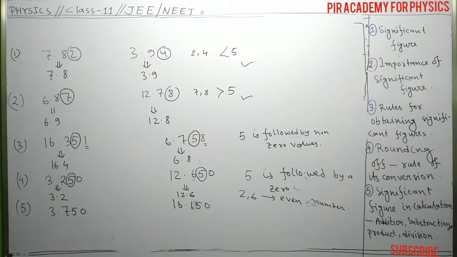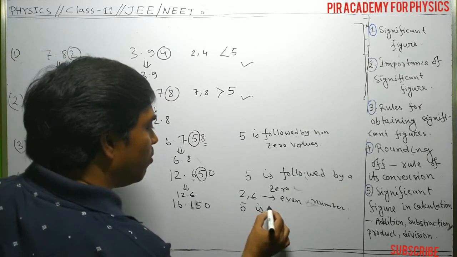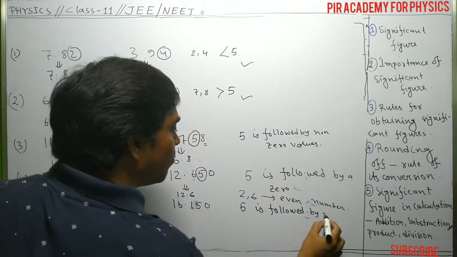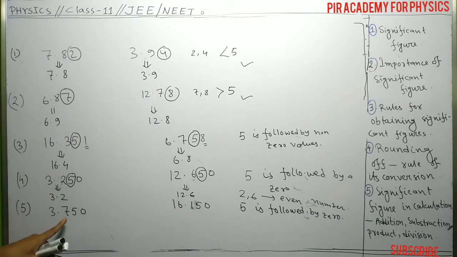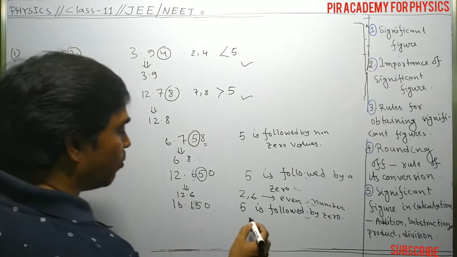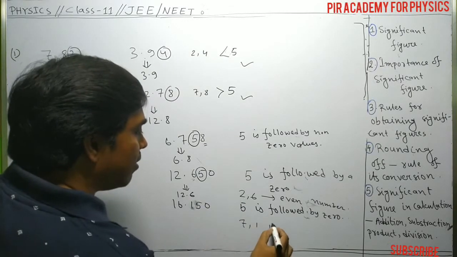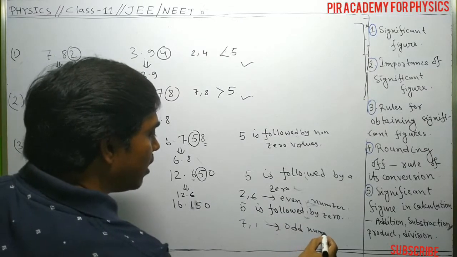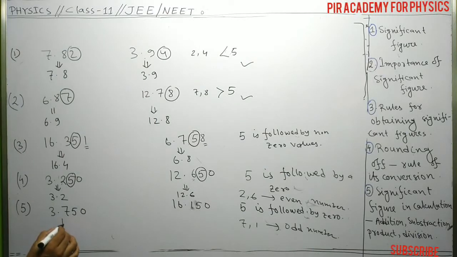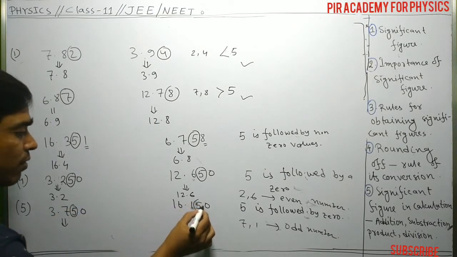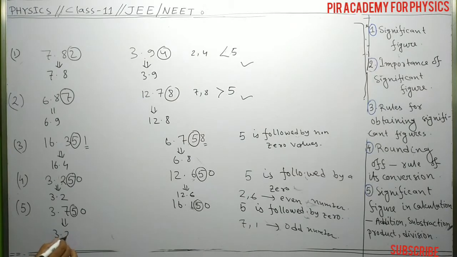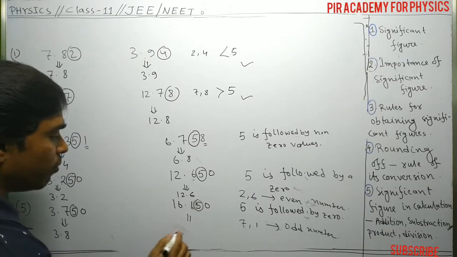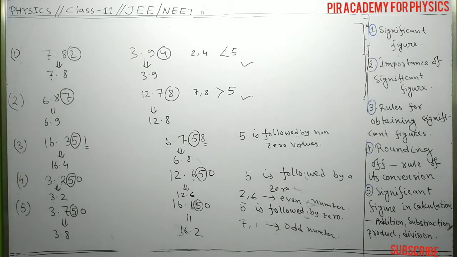And here 5 is followed by 0, but the preceding numbers 7 and 1 are odd numbers. So the preceding number will be increased by 1. That means it will be 7.8, and it will be 16.2. What is the rule?